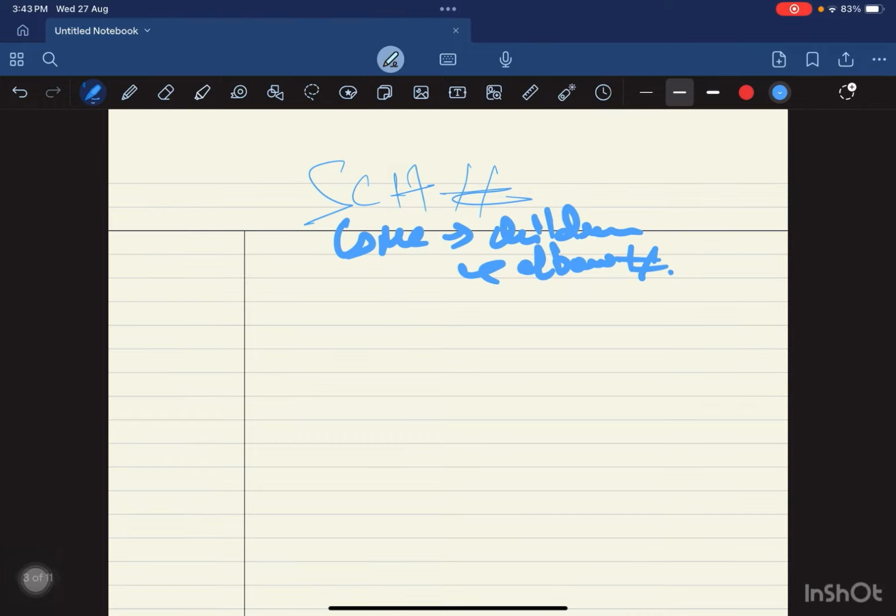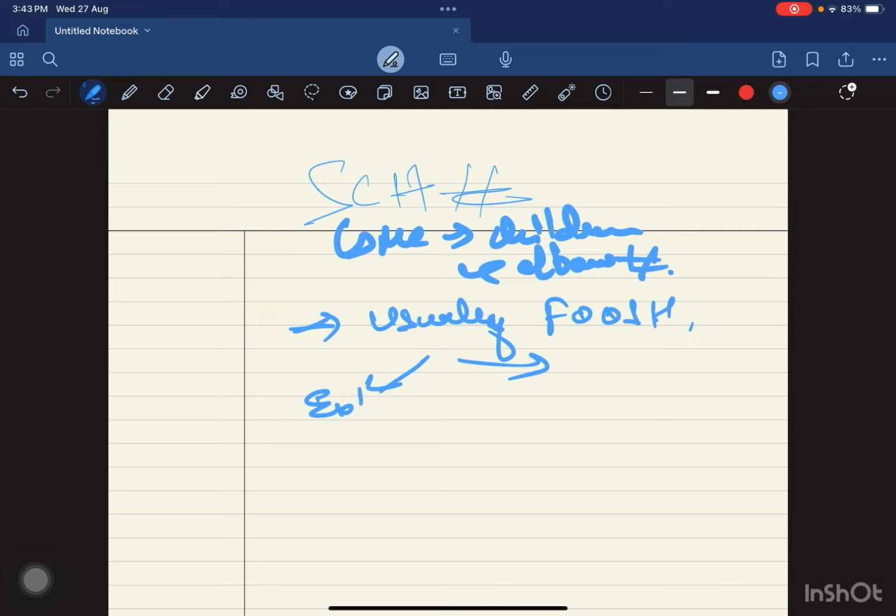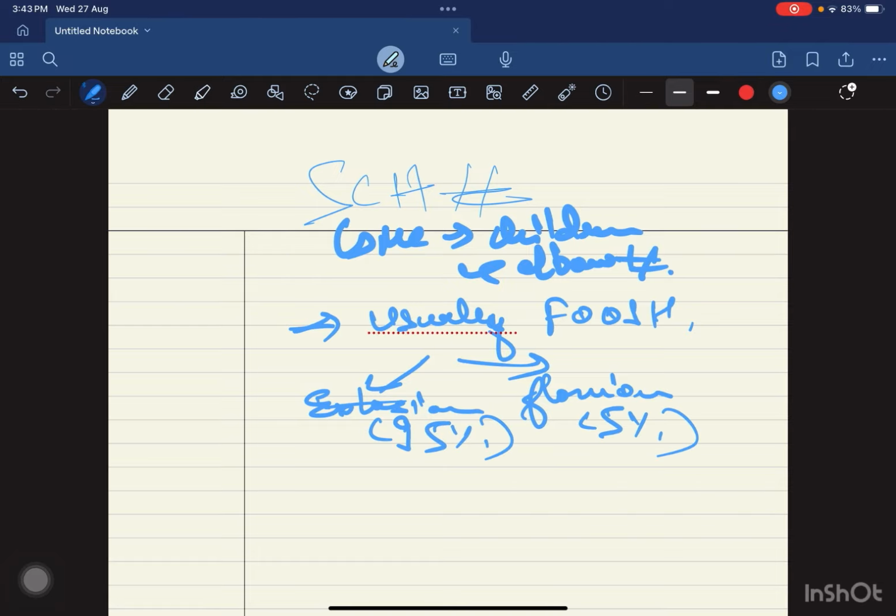Then it is usually due to fall on an outstretched hand, so it is usually FOOSH. Then it is of two types, extension type and flexion type. Extension type being the most common one, manifests in 95% of the cases, in contrast to flexion type, which is only 5% of the cases.